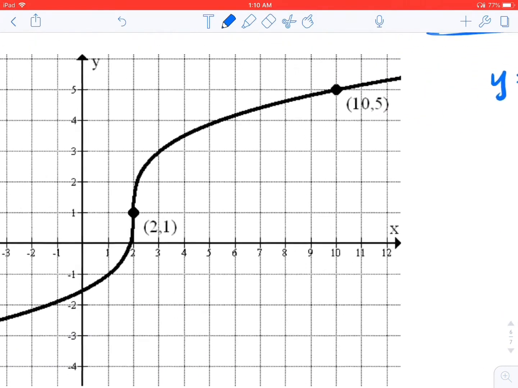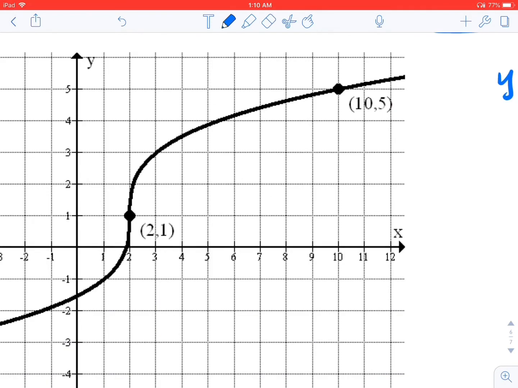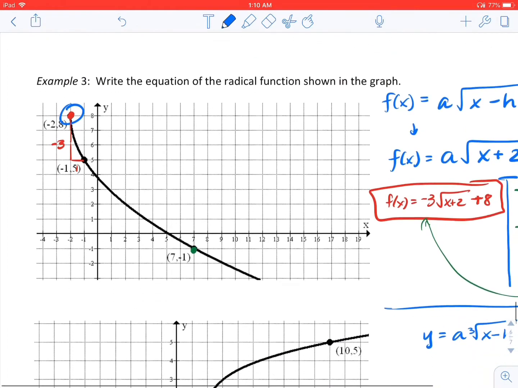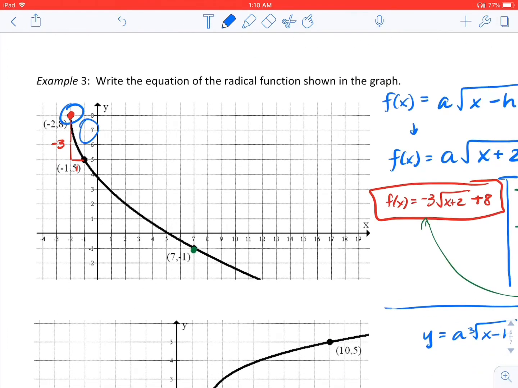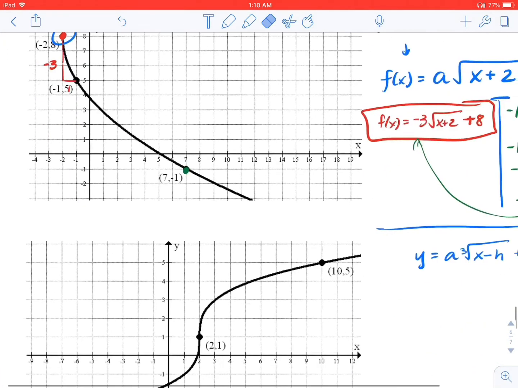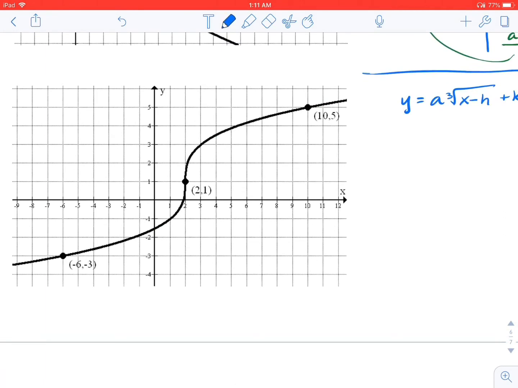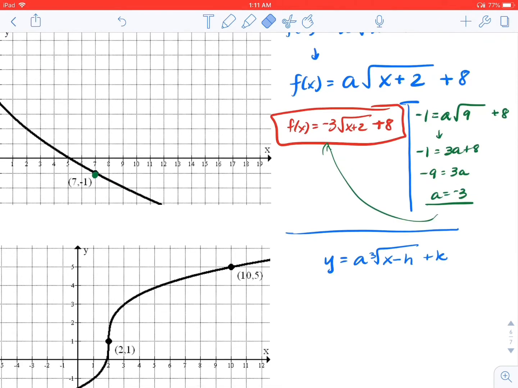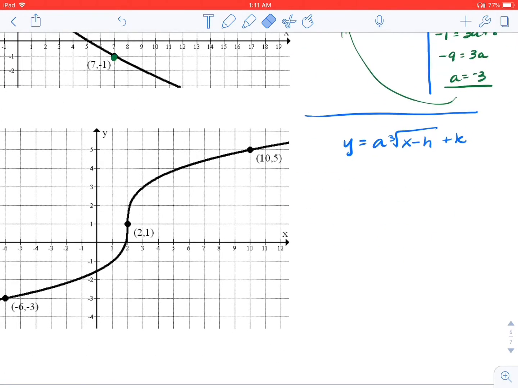While it would be easy for us to find the a value if we could use this approach, we don't with certainty know exactly whether or not this point passes through 3, 3. So we're going to use only the approach that we are certain that we can use, pick another point on the graph, and substitute it in to solve for a.